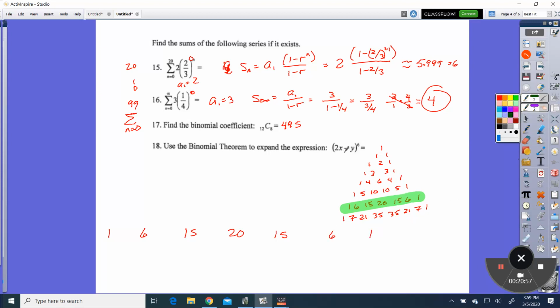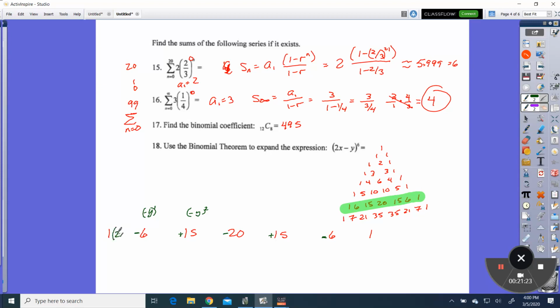I see that's a negative, so realize when I start putting my y's in here, they're going to alternate the signs. So I'm just going to do that right now, and then I don't have to worry about that negative. This is y to the 1 power, so this is really going to be negative y to the 1. So that negative is going to be there. This is going to be negative y squared, so that's going to be positive, and so forth. So I just took care of my negative signs, so I don't have to worry about them now.